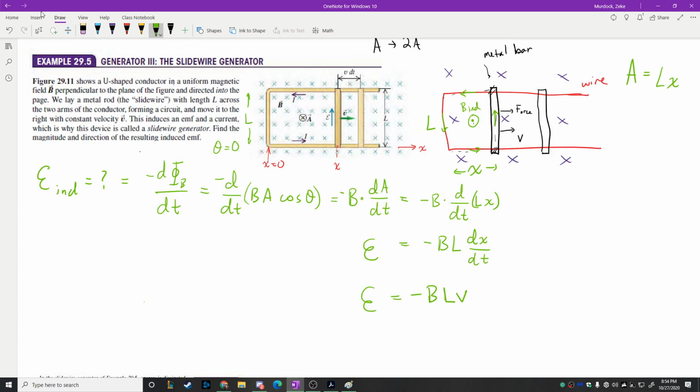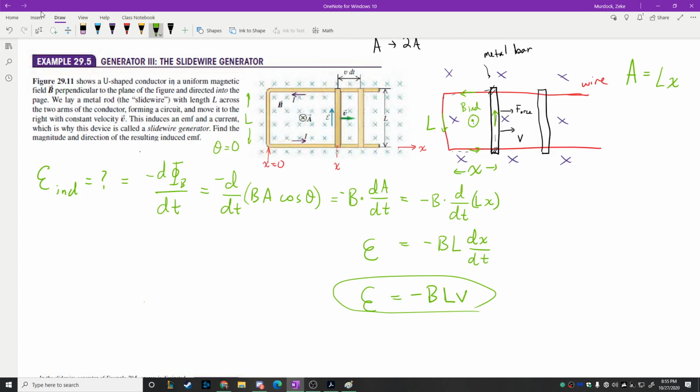And there we go. And then the negative sign just means that the direction of the current is opposite to the direction of the flux change. And in this case, that means the current has to flow this way. That makes sense?